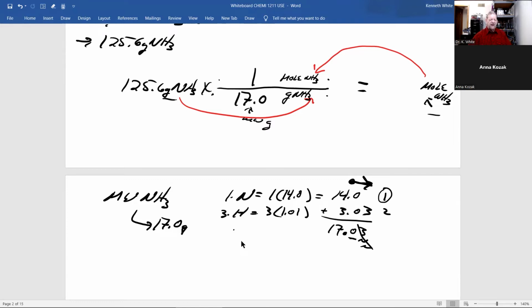And now I can put that in there. Before I pick up my calculator, remember, grams of ammonia divided by grams of ammonia cancel out, and we're left with what we're trying to get to. So now I can happily pick up my calculator, clear it, and my calculator gives me this answer.